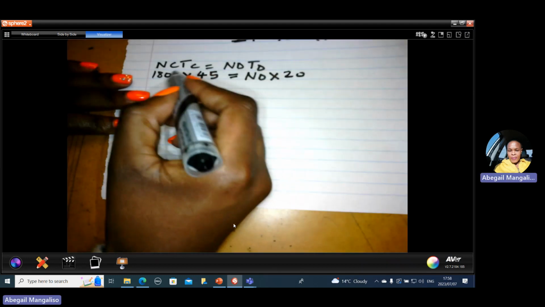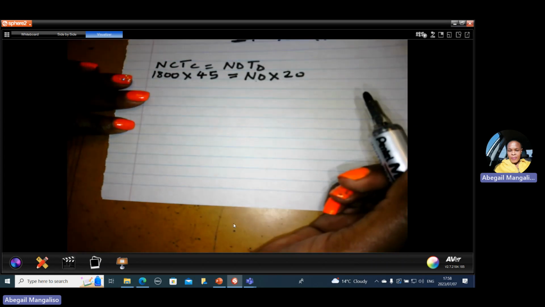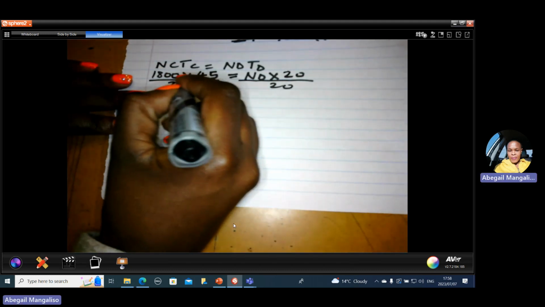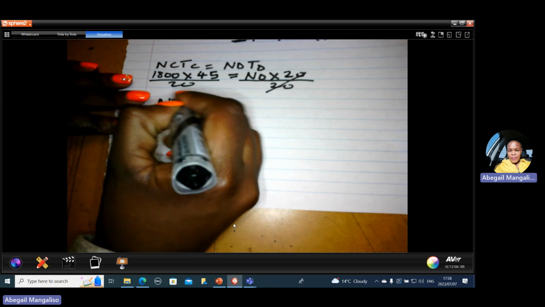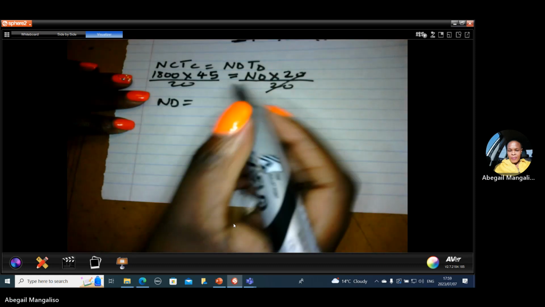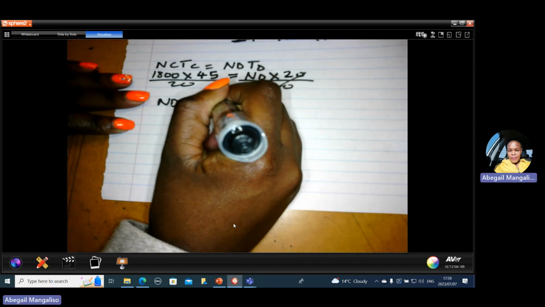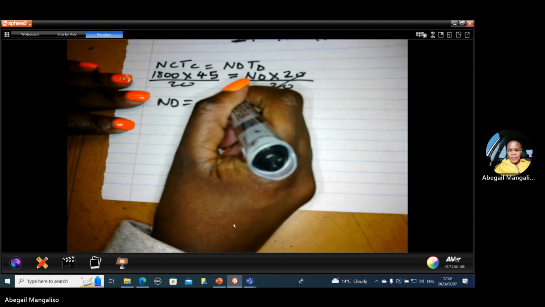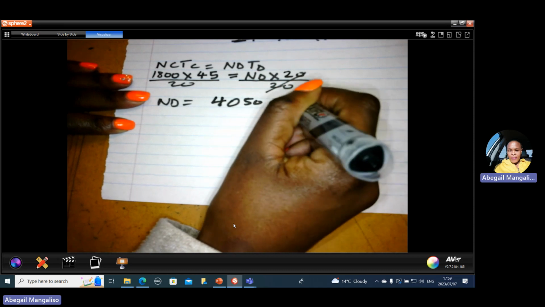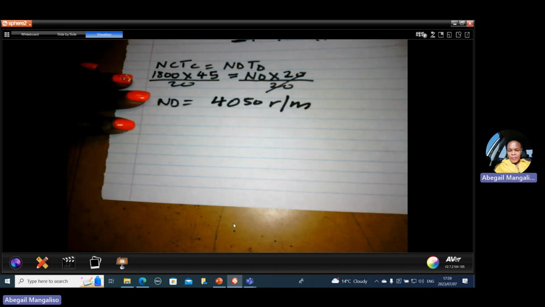For as long as this is in revolutions per minute, the answer will also be in revolutions per minute. Divide both sides by 20, which cancels out. ND will be equal to 1,800 multiplied by 45 divided by 20. ND is 4,050 revolutions per minute, or RPM.